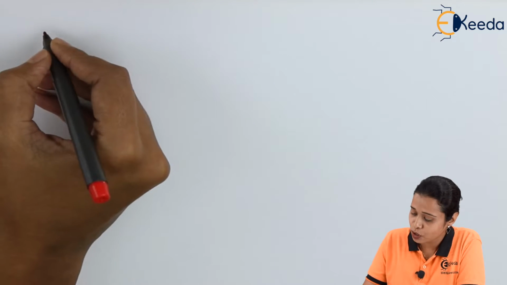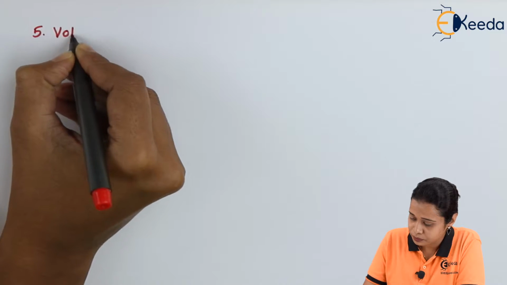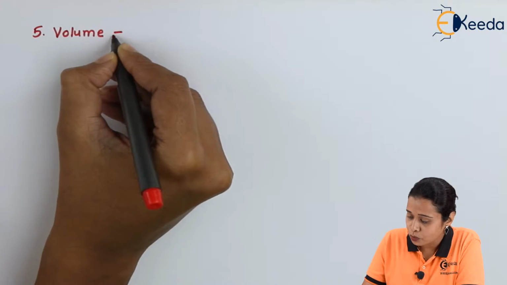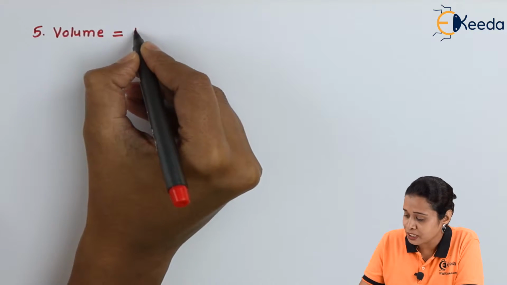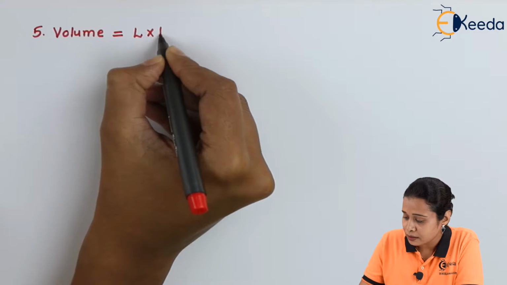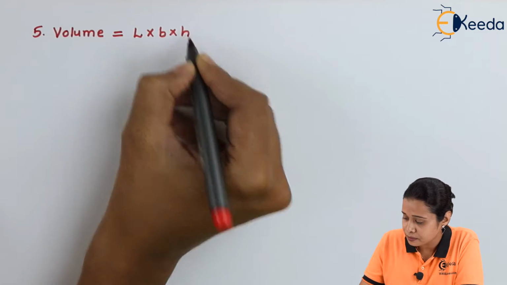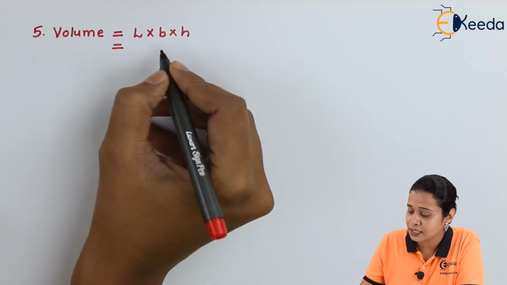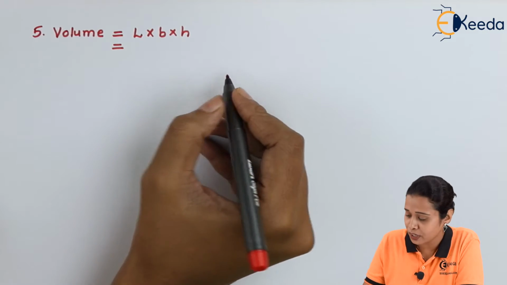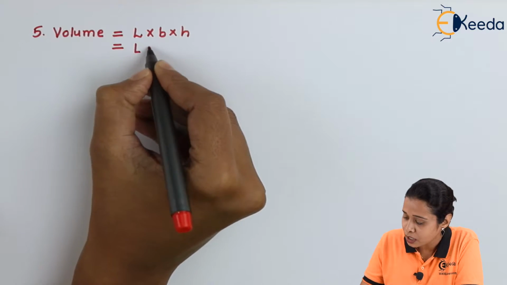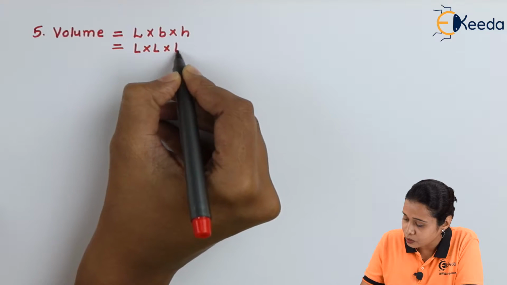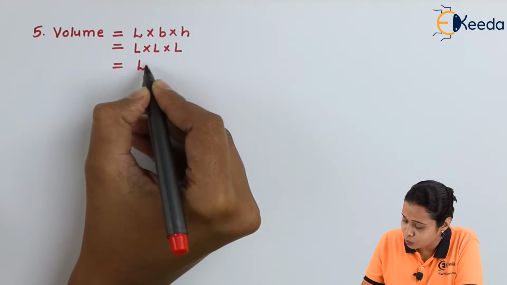Next physical quantity we will take for the dimension, that is a volume. We know the formula of volume is length into breadth into height. So here all these three terms we can express in terms of length. So here we can write down length into length into length, that is equal to L cube.